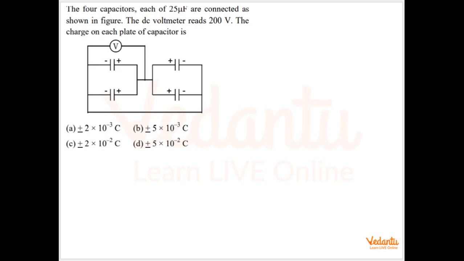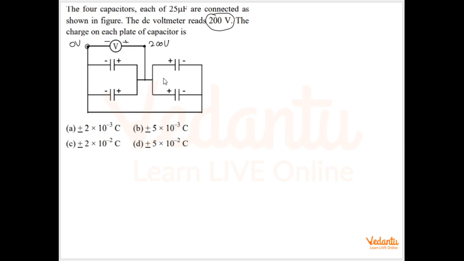Now, what you have to understand here is that if the voltmeter reads 200 volts, that means one side of the voltmeter will have a potential of 200 volts, and the other side of the voltmeter will have a potential of 0 volts, so that the difference is 200.